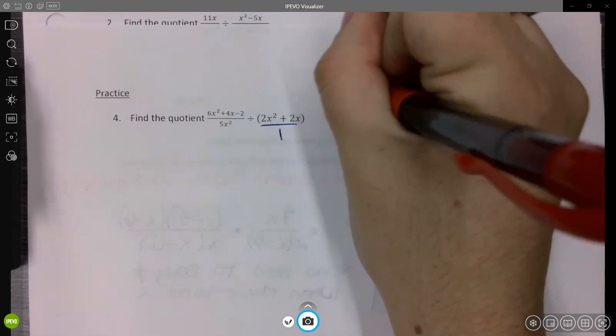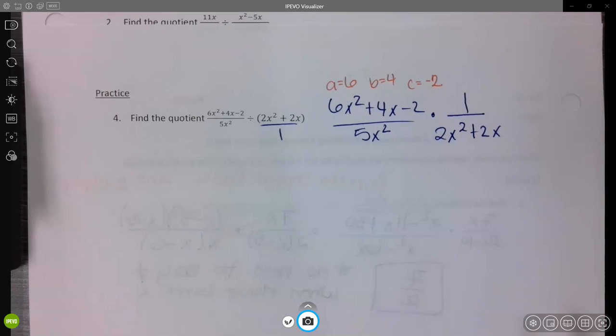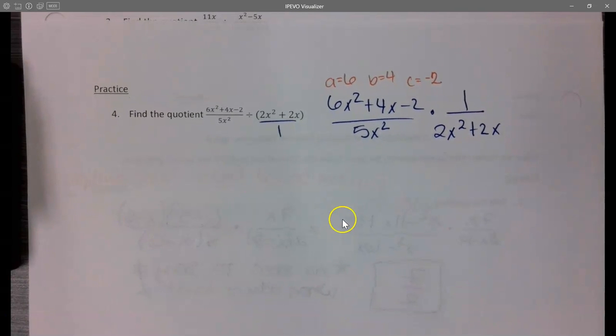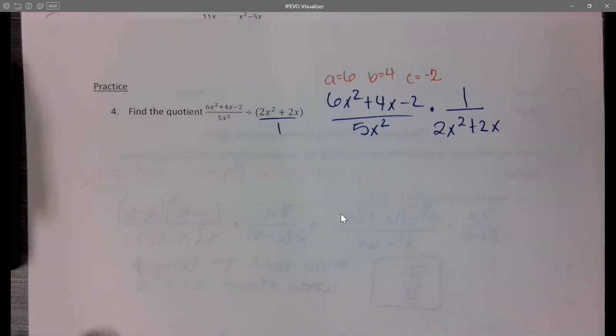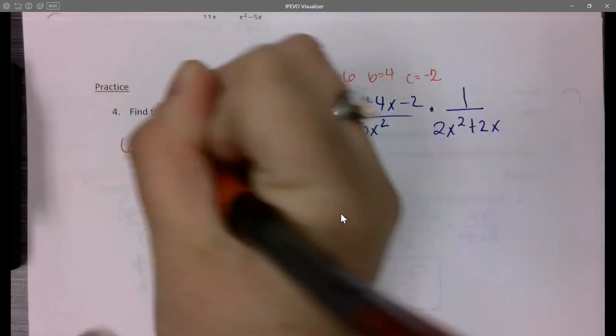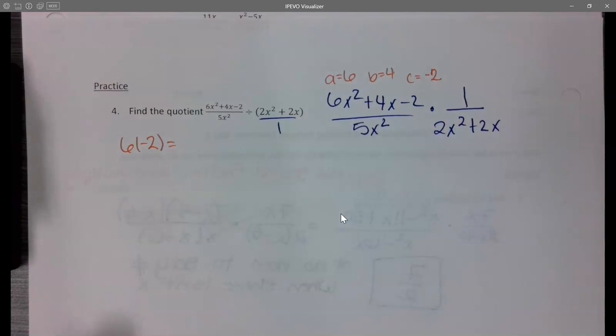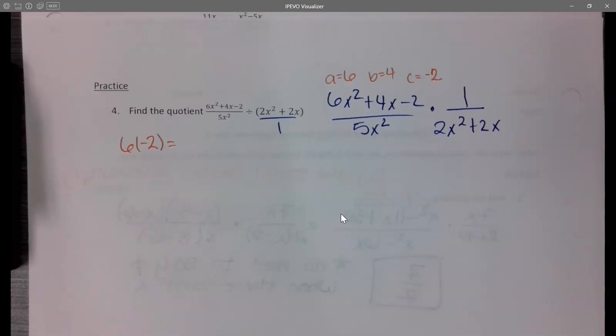my A is 6, my B is 4, my C is negative 2. Then I want to plug into the formula. So A times C is 6 times negative 2. No. When it's a fraction, I just flip it and change it to multiplication.